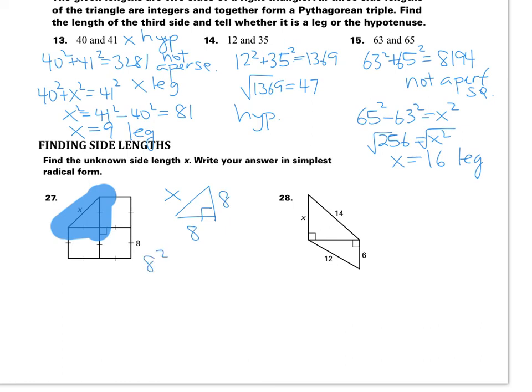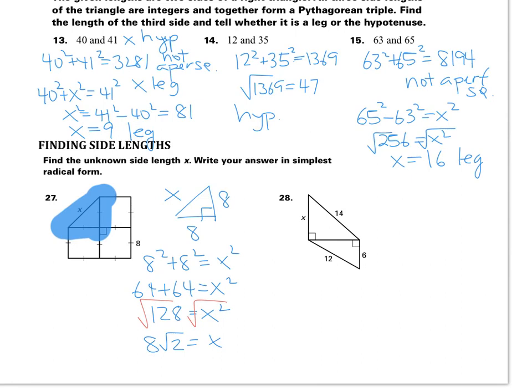So we have 8 squared and again, it has to be in simplest radical form. So this would be 8 root 2. And again, the yellow calculators will do that.